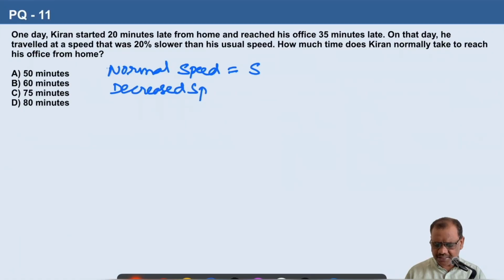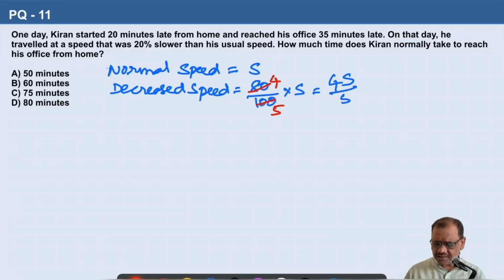So what is the decreased speed? 20% reduced means 80% is the speed now. It is written as 80 by 100 into S. If you simplify, 4S by 5 is the reduced speed.